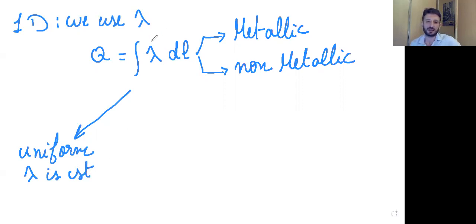So we can take lambda out. We can write finally Q equals lambda integral dl, and the integral of dl equals L, so Q equals lambda L.